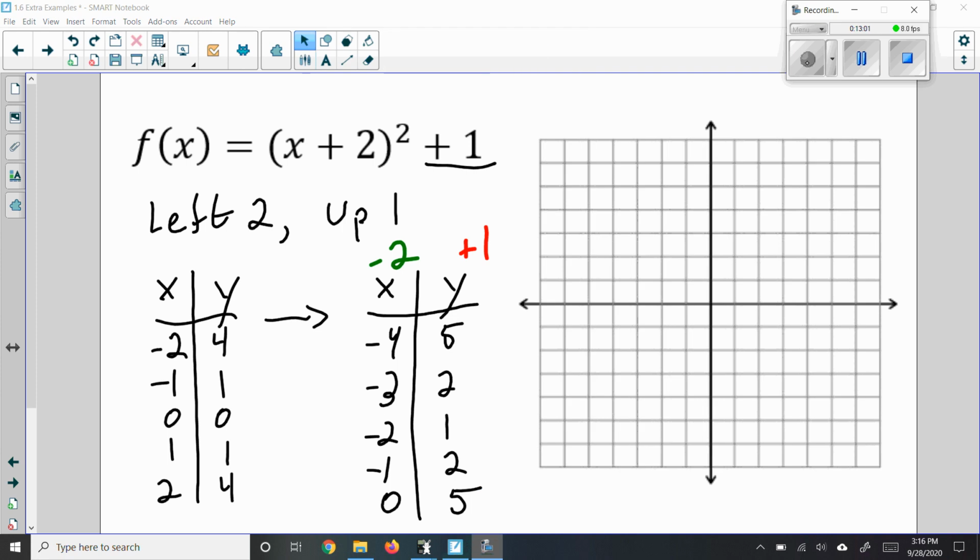So now all we have to do is plot these points. And again, this point right here in the middle, that's going to be the vertex. So that should wind up in the middle. Negative 4, positive 5.